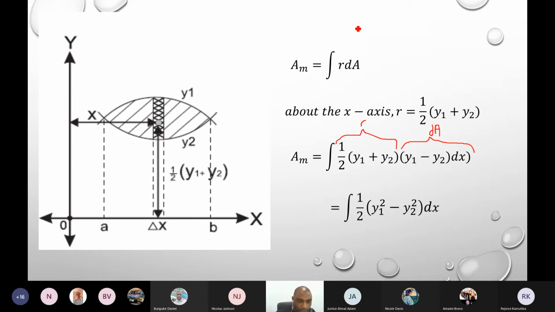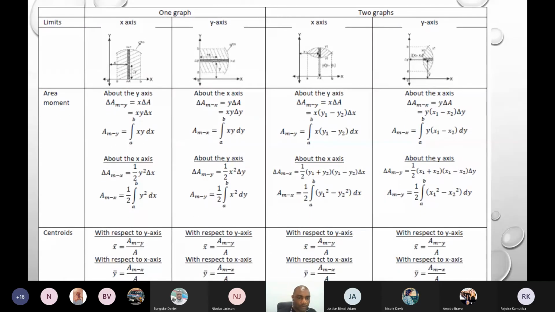Okay, let's go to the next slide. Now this shows you all the formulas. As I told you, if you look at a formula sheet for Maths N6, it only shows you R dA for area moment.